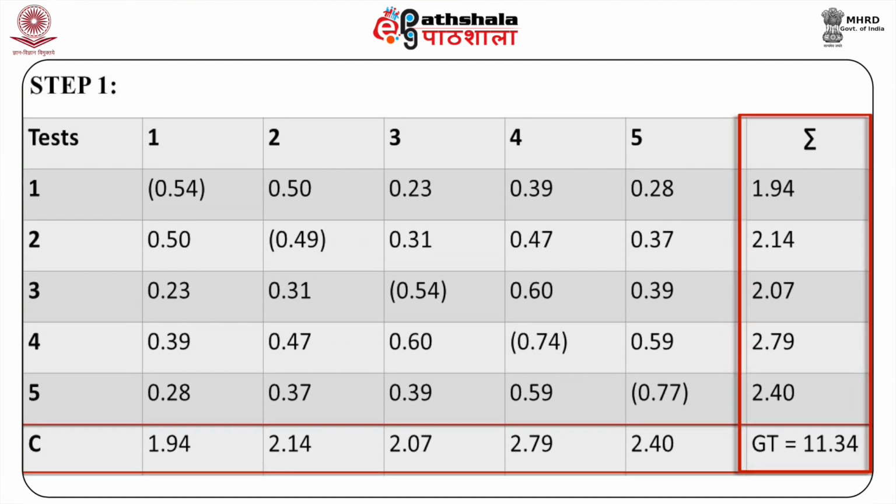The total of each of these correlations in the test is the same for the columns as well as the rows, and therefore the grand total is 11.34.